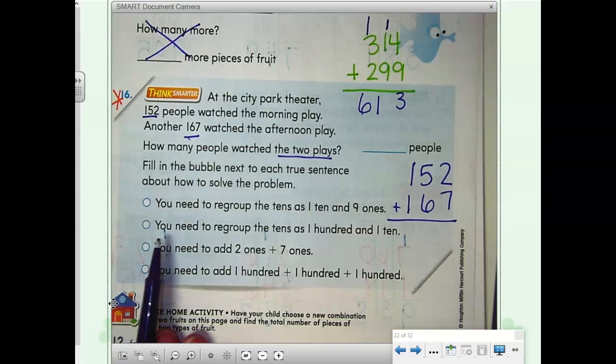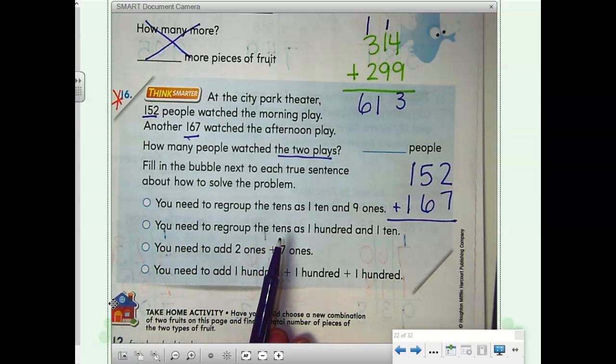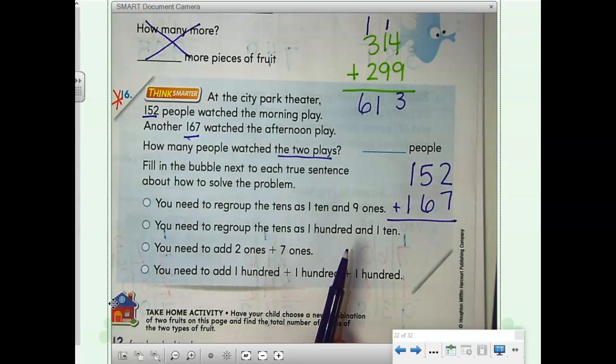The next one says you need to regroup the tens as 1 hundred and 1 ten. You need to add 2 ones plus 7 ones. You need to add 100 plus 100 plus 100.